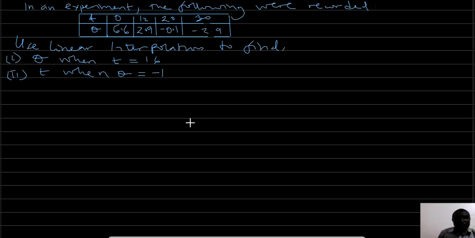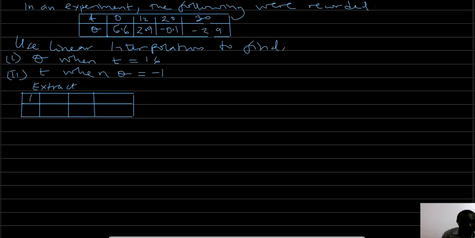So the steps are the same. We are going to first of all identify where our given value lies. For example, in Roman numeral 1, t, which is equal to 16, lies between 12 and 20. You can see these values are increasing going this side. Theta when t is equal to 16. So let's have an extract.